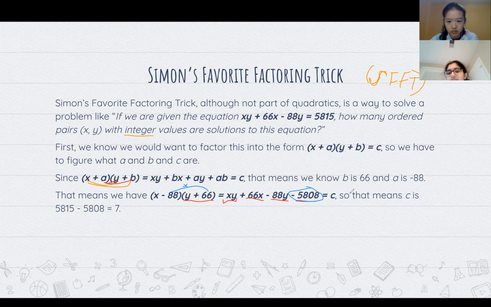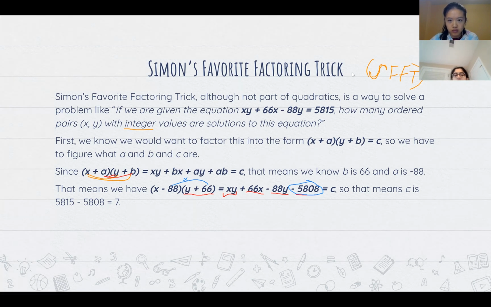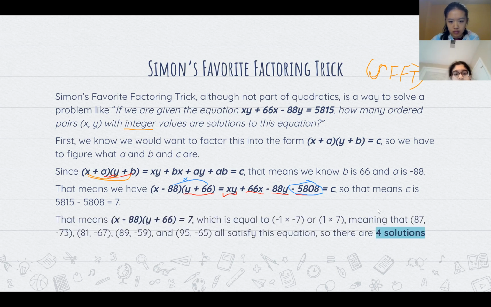So 5,815 minus 5,808 is equal to 7. So we have x minus 88 times y plus 66 is equal to 7. So c is 7. So 7 is equal to negative 1 times negative 7, or 1 times 7, meaning that we have 4 sets of solutions, or 4 ordered pairs, to satisfy this equation.